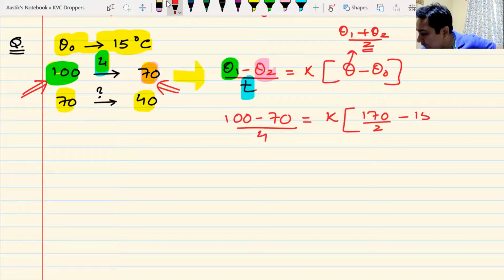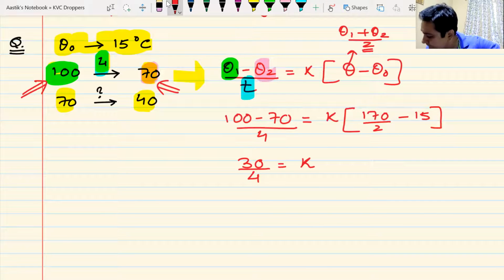Minus theta naught, minus 15. So 30 divided by 4 is equal to k. 170 divided by 2 is how much? I think it is 85.